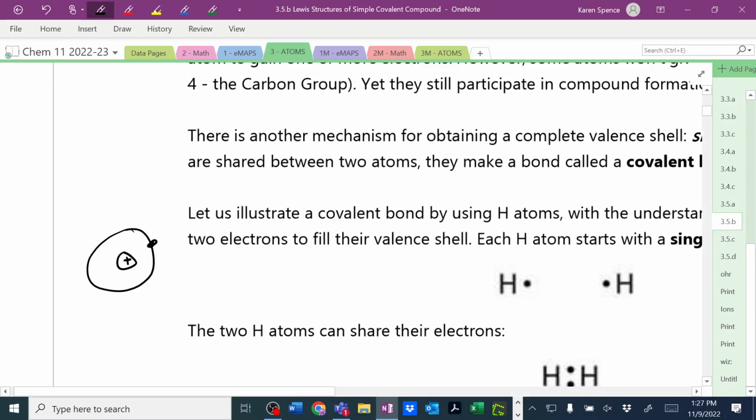How many electrons fills up shell number 1? 2 electrons fill up shell number 1. So even though I will usually say we need 8 electrons to fill a shell, you have to remember that for hydrogen, hydrogen only needs 2. Everybody else is going to need 8. Okay, but hydrogen only needs 2.